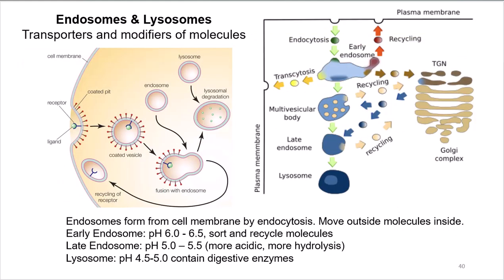So endosomes are naturally occurring processes where molecules that are presented on the surface of the cell, a lot of times receptors, are taken in. You've heard the term receptor down regulation. That means maybe a cell had a lot of morphine receptors on it, and if it takes a lot of morphine, then you get receptor down regulation.